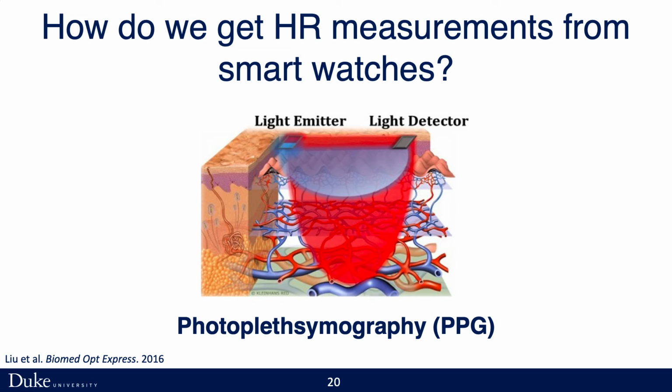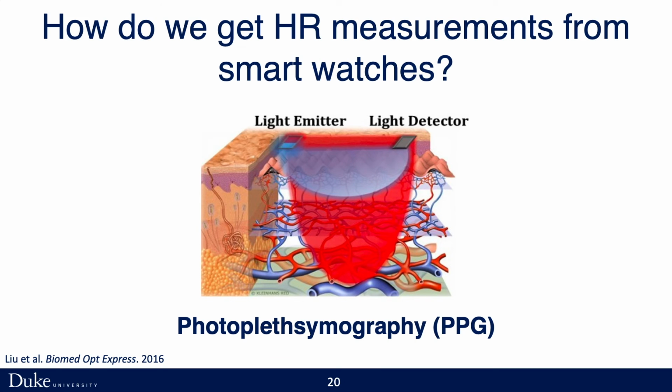And so in this case, the way that PPG works is it emits a light, and the light is passed through the skin, and then the reflected light is detected. And the absorption of this light wavelength changes based on that blood volume underneath the skin. So you can imagine that there are a lot of different factors that can be at play here.